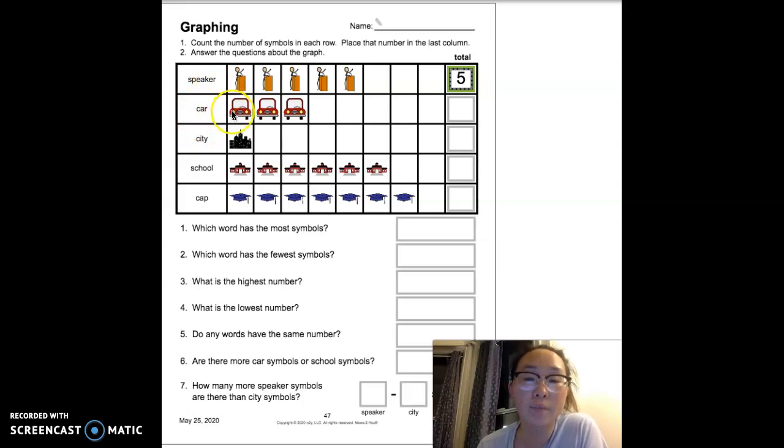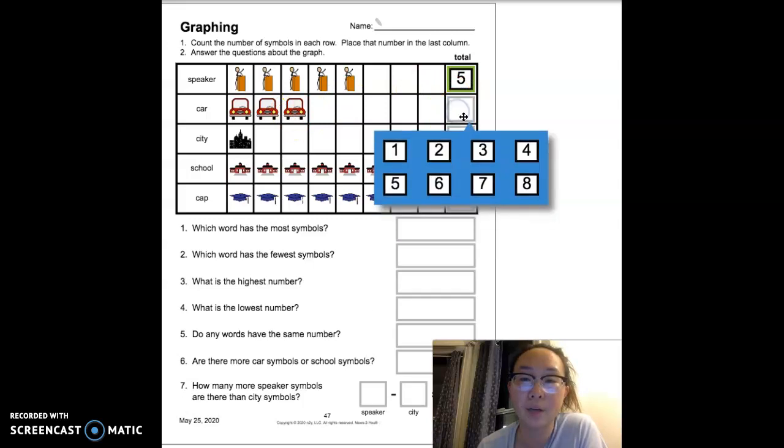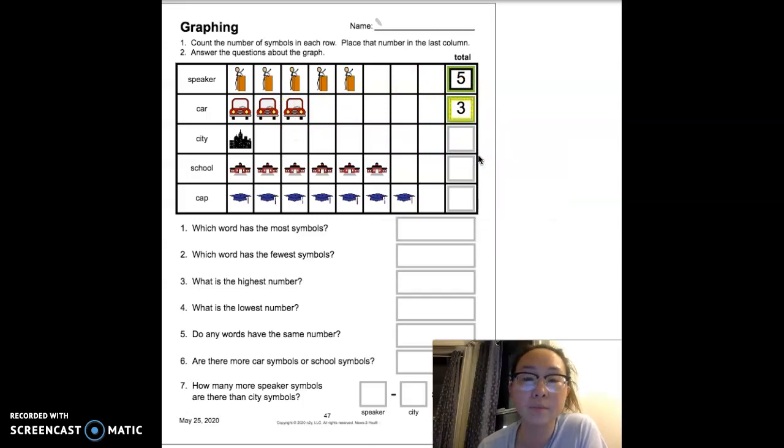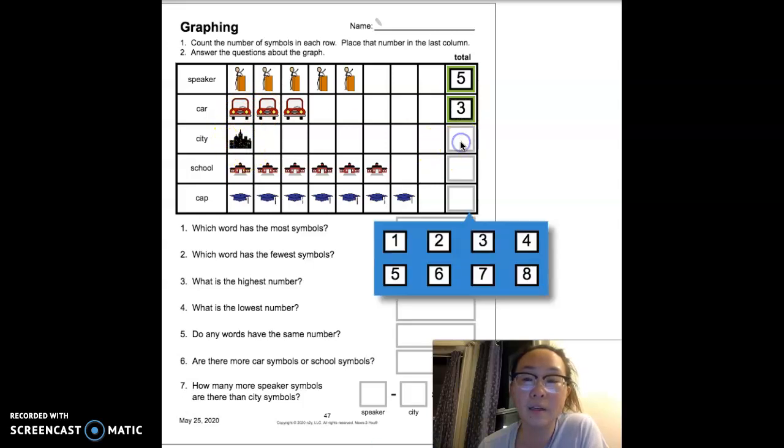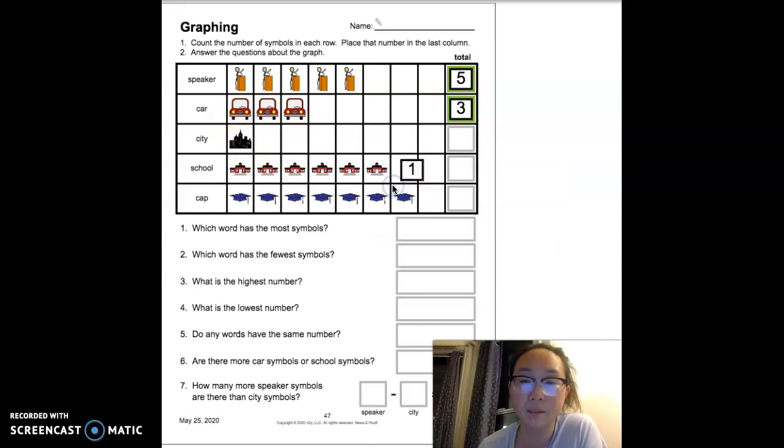Next word is car. We have 1, 2, 3. 3 cars. Next we have city. City, there is 1. Our next one is school.